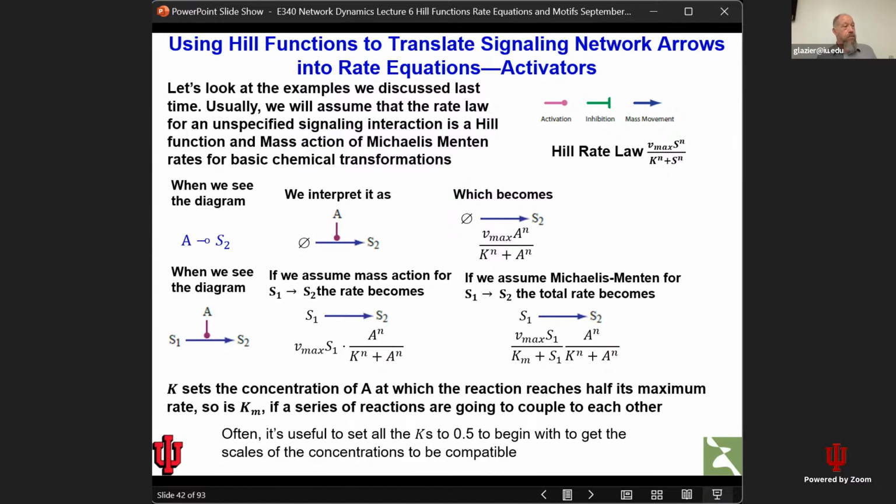Now, if we saw something that looked like the second one, which is S1 goes to S2 at a rate that's modulated by A, now we have something a little bit different because now we actually know what our source is. And so now the rate of production of S2 is going to depend on two things. It's going to depend on the amount of S1 that we have, and it's going to depend on the amount of A that we have.